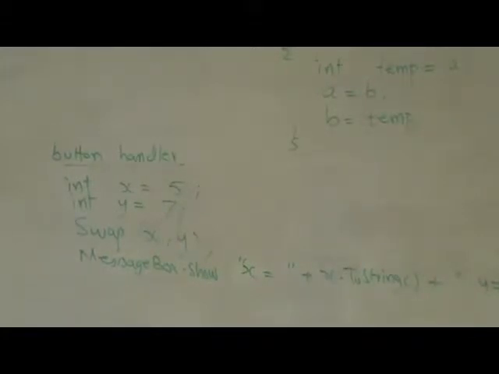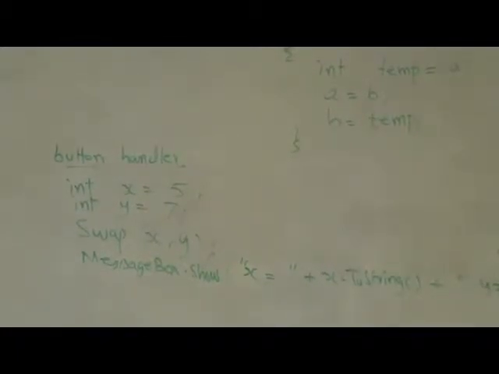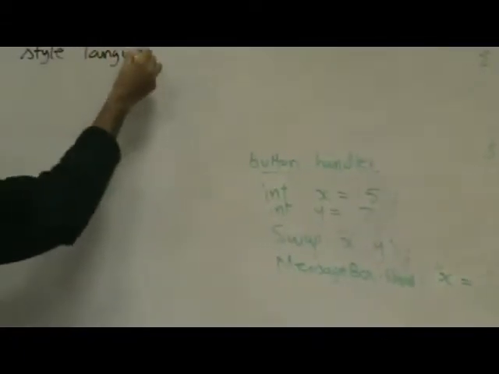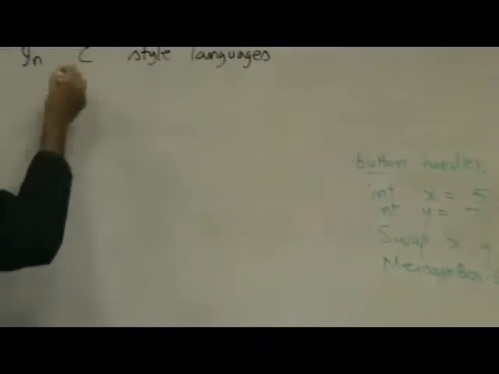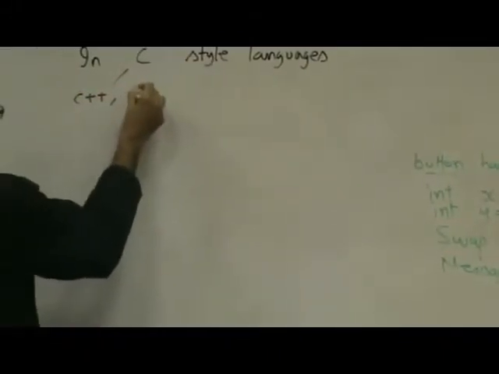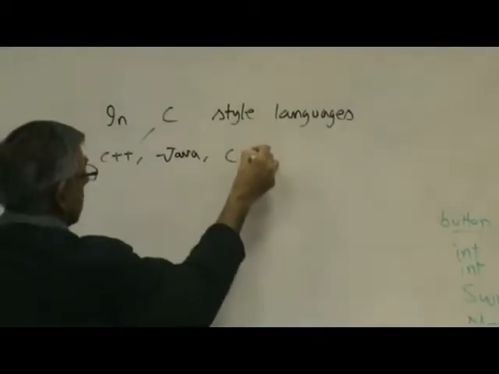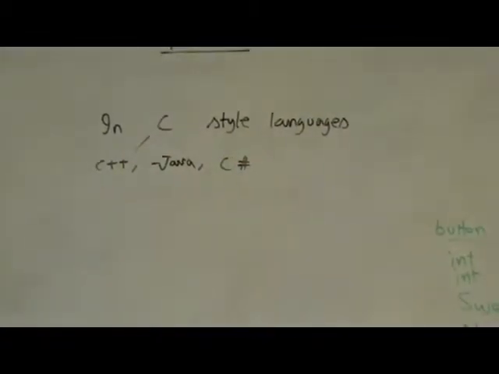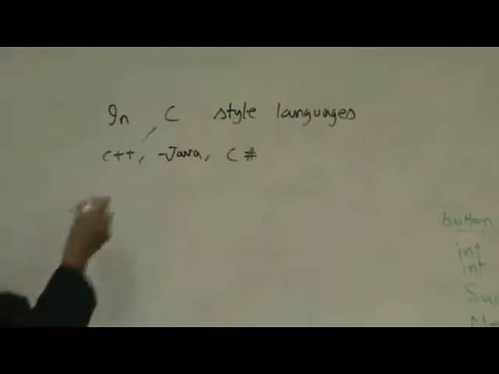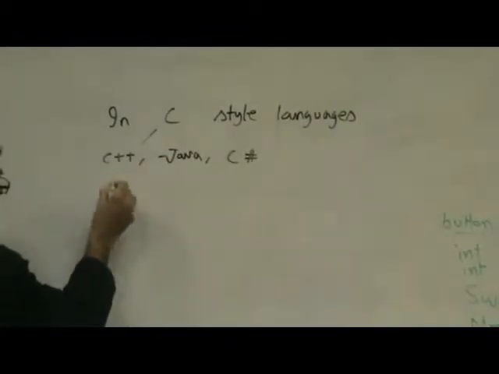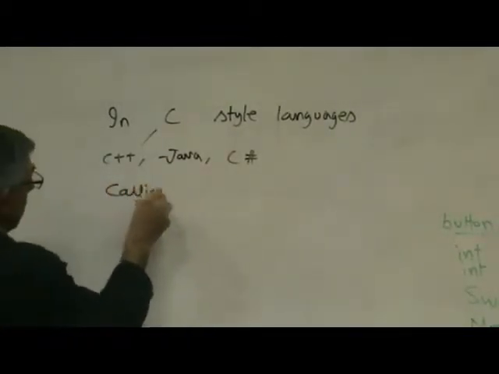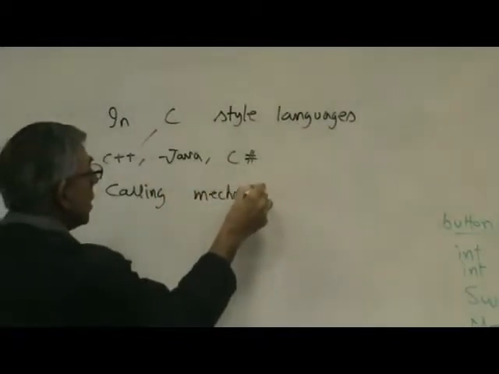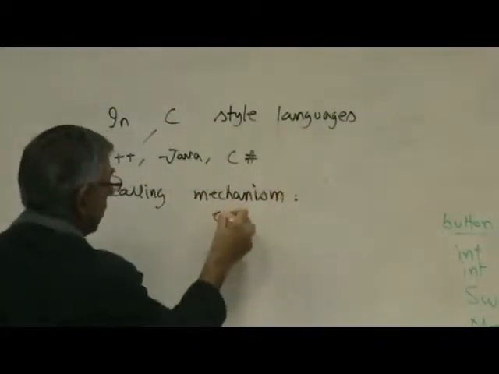If you're not sure, let me describe one fundamental concept. Most of the time in C-style languages, not always, for example C++, Java, C#, I refer to these as C-style languages, whenever we call a method, the calling mechanism is what we call by value.